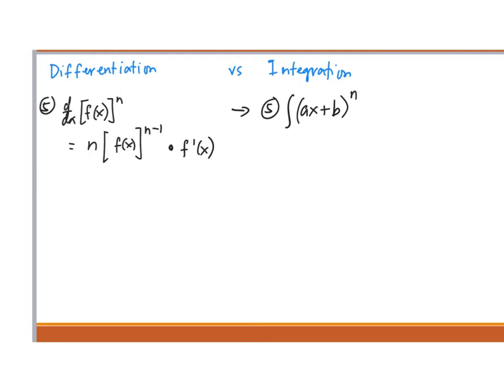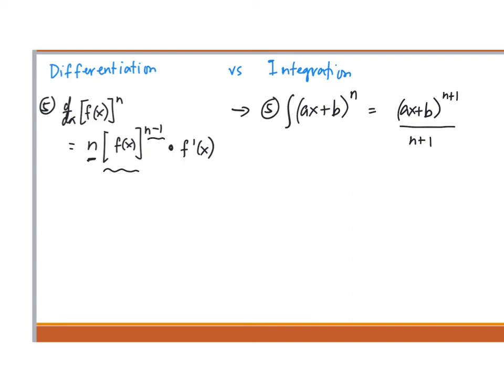So the equivalent of this part will be your f of x here is ax plus b. And then instead of n minus 1, we do n plus 1. And instead of times n, we do divided by n plus 1.